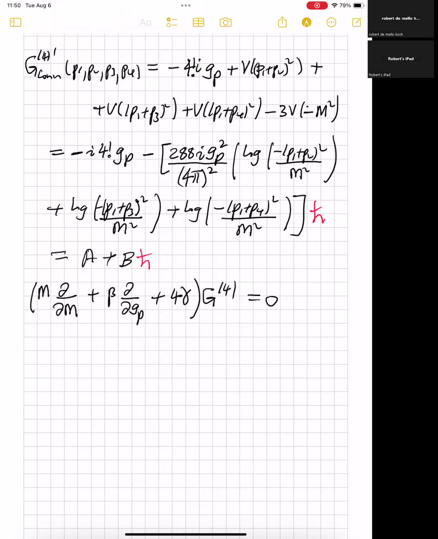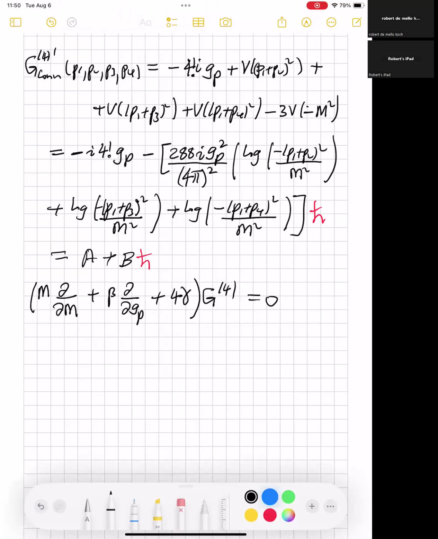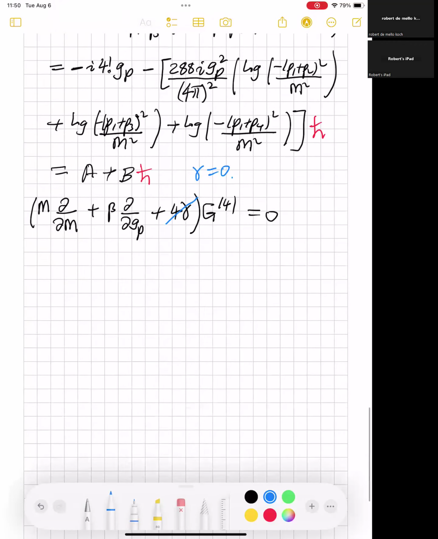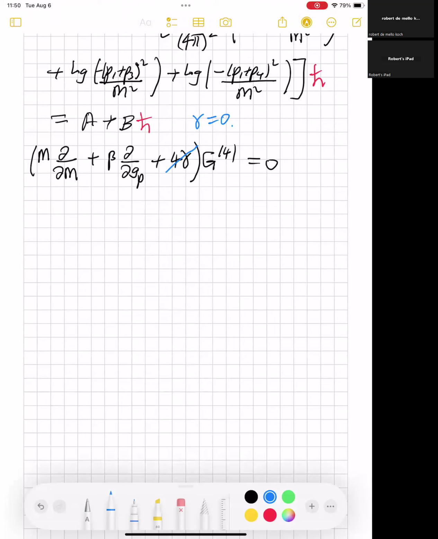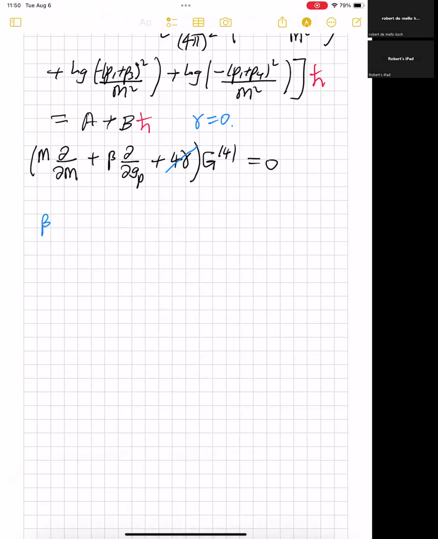First thing that we can do is that this term vanishes because we said gamma is equal to 0. Now, I want to stress something about the beta function and the gamma function. If we were to study the beta function, because we're working in perturbation theory, in loops, there would be an expansion in powers of h bar.